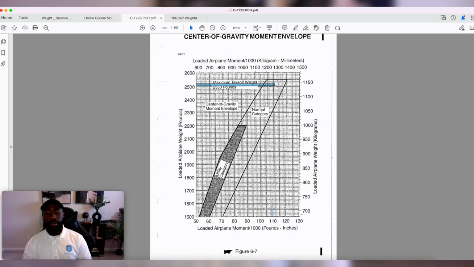Then I'll take a line from 110, draw it up, and see where it matches. I can see it's within this envelope, this normal category envelope.